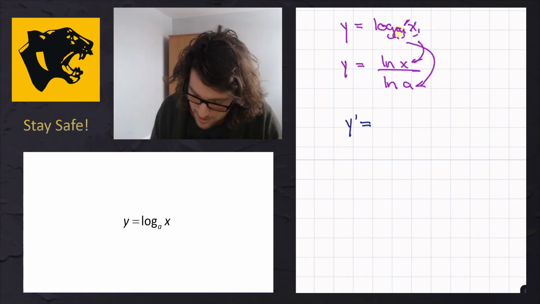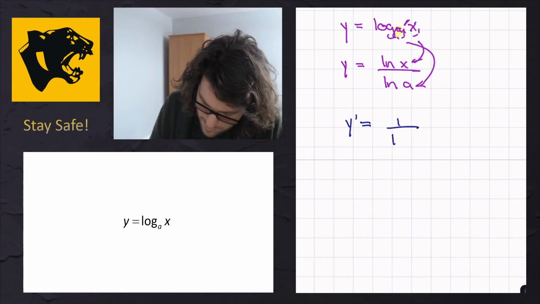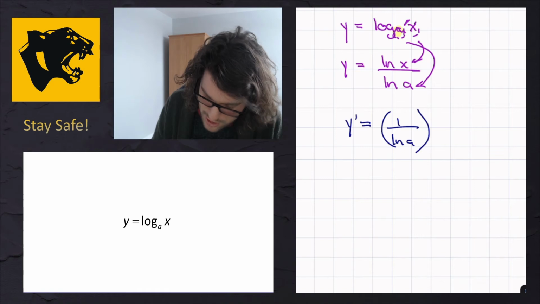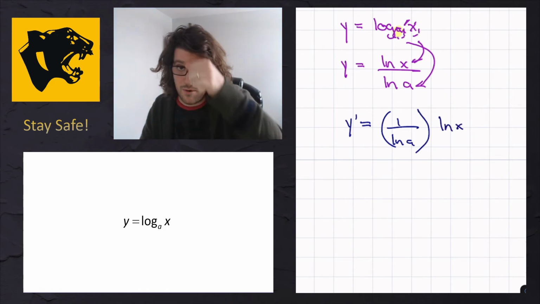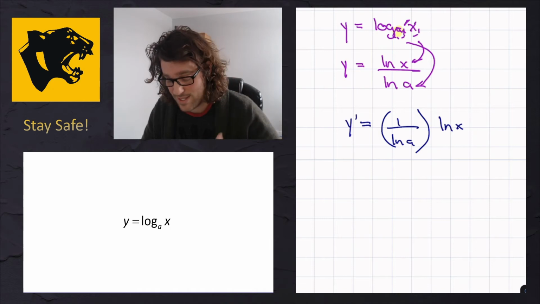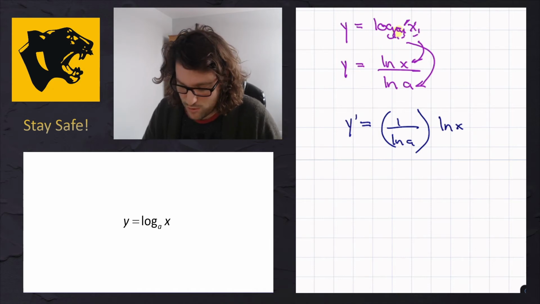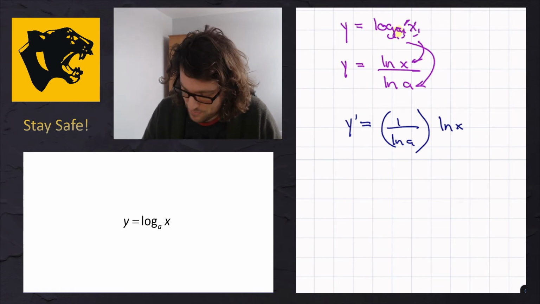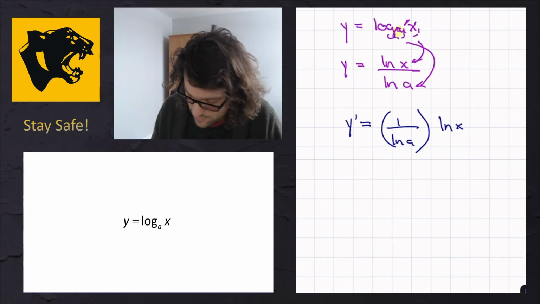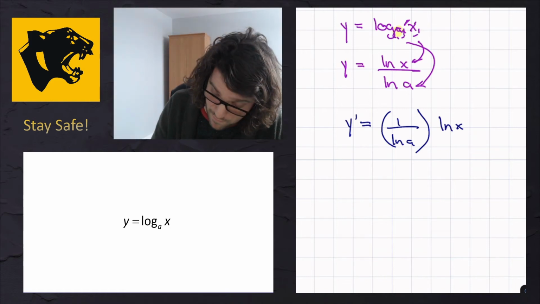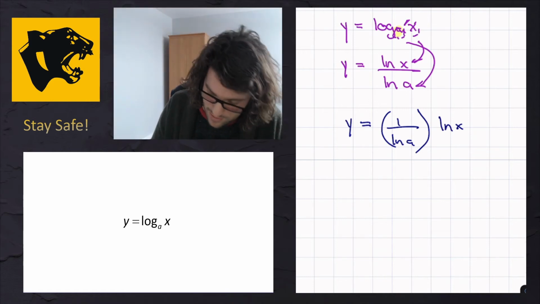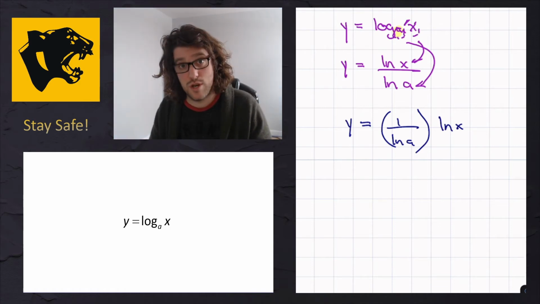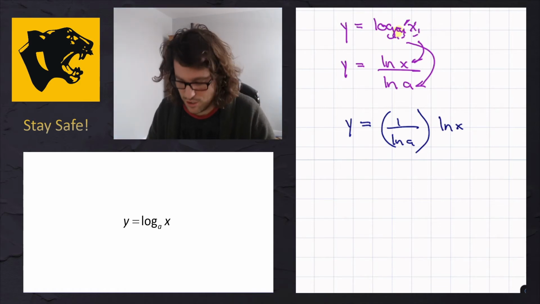That's the same thing as 1 over ln A, which is just a constant, times ln x. I would be much more willing myself to try to attack it that way rather than to mix in quotient rules in an unnecessary way. So that's before we get going there. That is not the derivative. That is actually the original function that I've just changed the look of.